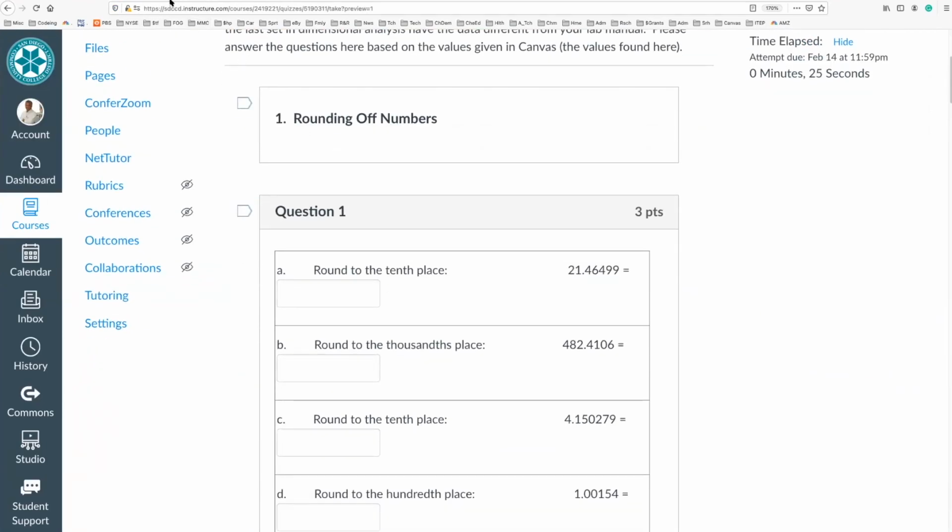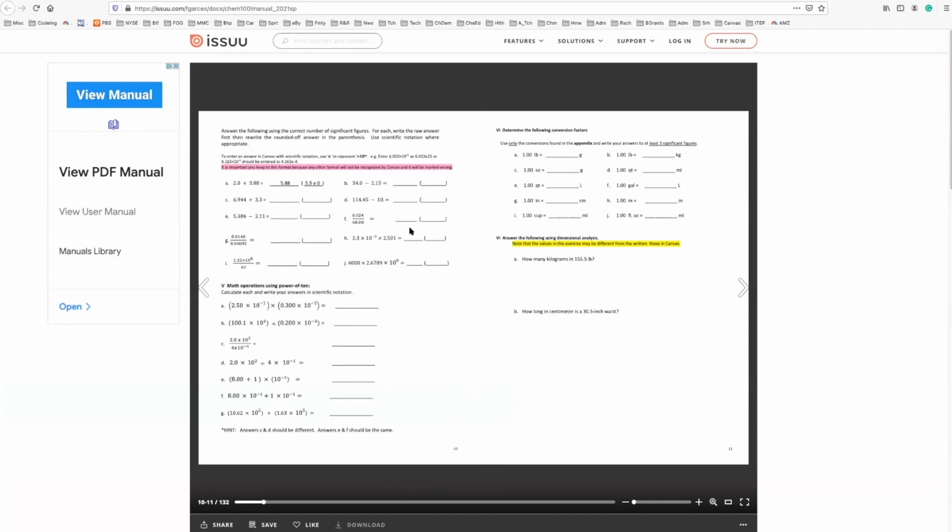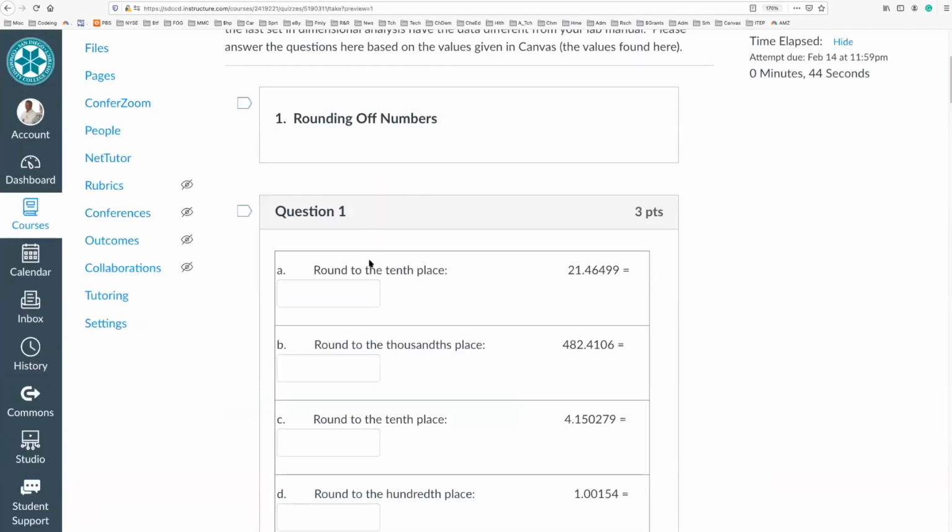These are just to give you a preview of what the question might look like. And the other thing I want to mention, I think in this particular case, practically all the numbers, except for the dimensional analysis, are identical to the lab manual. Okay, this and this are identical, but it's been known to change.